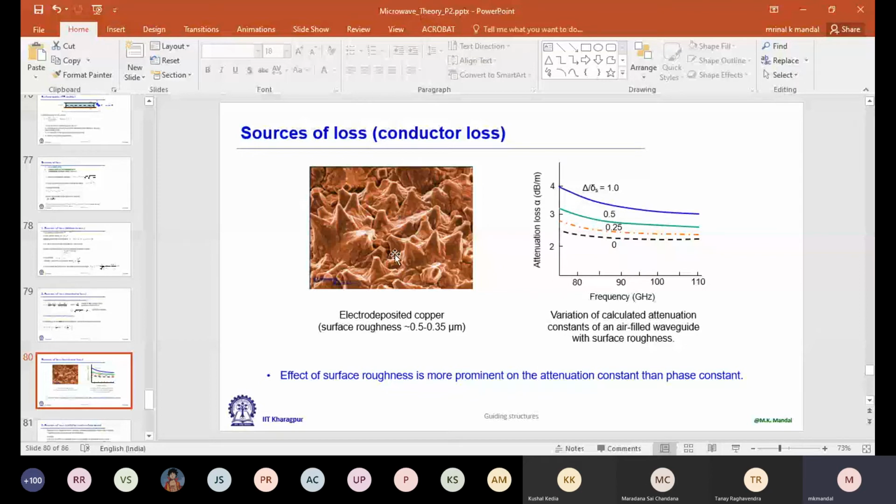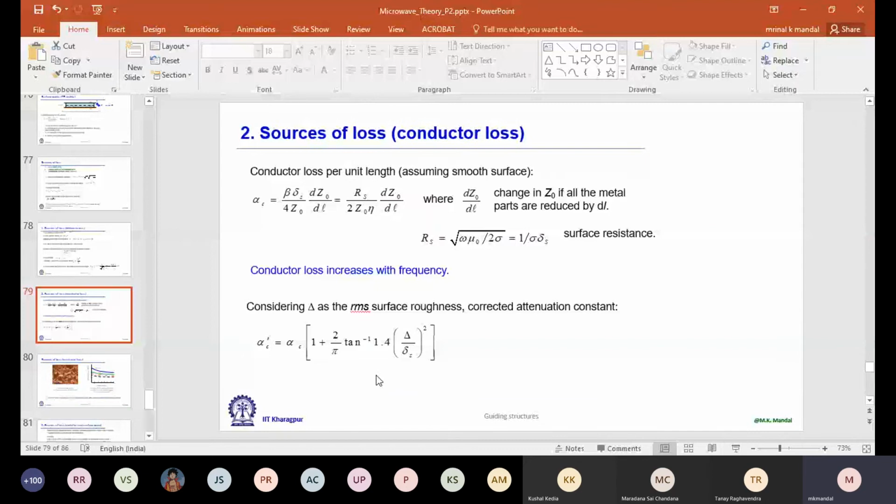0.3 to 0.5 micrometer, if I compare to the skin depth, sometimes you can't neglect it. So we have a curve-fitted closed form expression considering the surface roughness. We consider the RMS value of surface roughness to be capital delta. Then alpha C dashed, which we should consider for this rough surface, is the alpha C given by the top expression times one additional term, 2 pi by tan inverse of 1.4 times capital delta by small delta, squared.